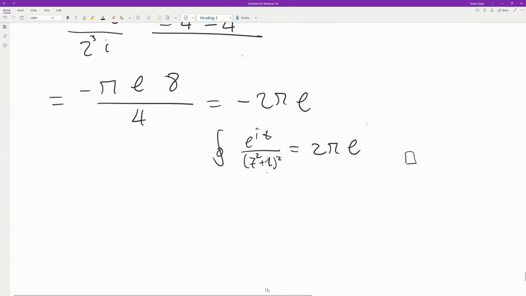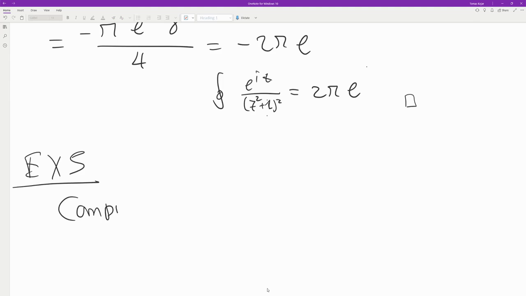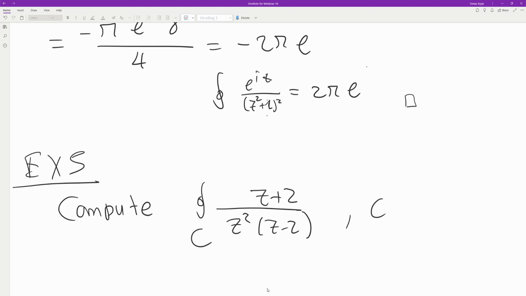Okay, so let's do another example. The final one. Compute the integral of 1 over z(z minus 2) for the following two contours, one centered at the origin and one centered at i.